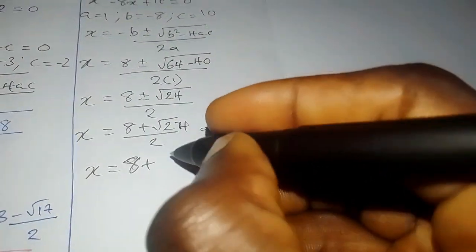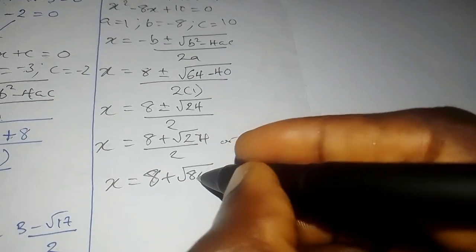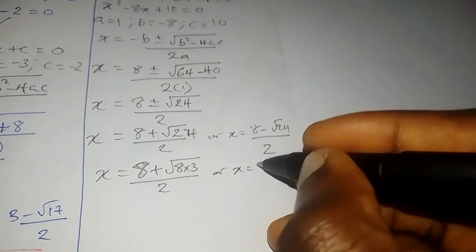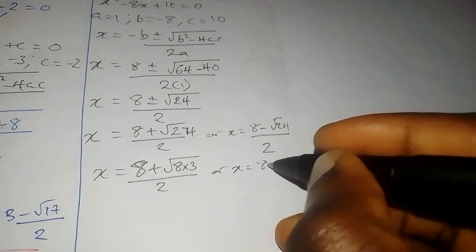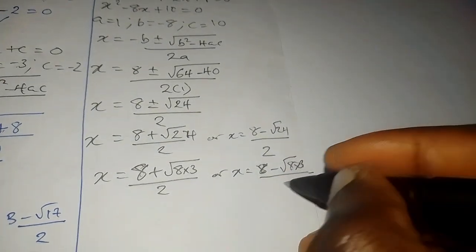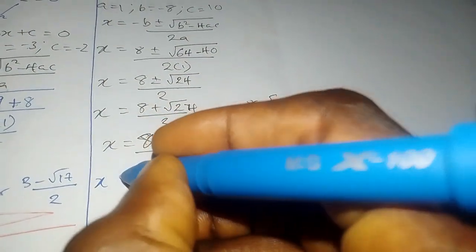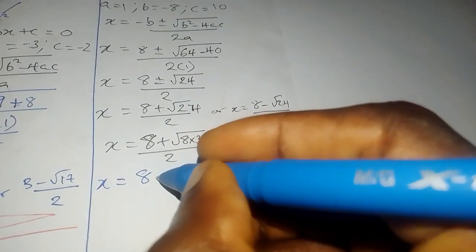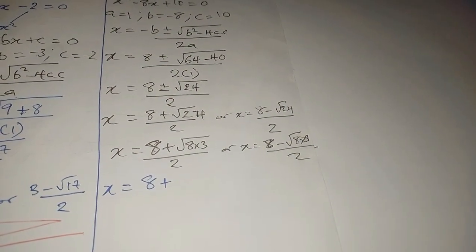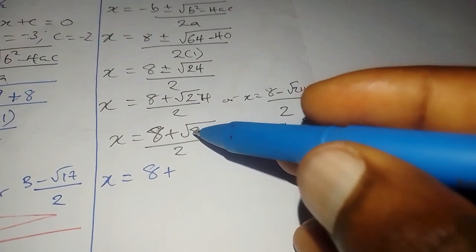Finishing this, you can say x is equal to 8 plus, this 24 can be written as 8 times 3, that's the square root of 8 times 3 divided by 2, or x should be 8 minus the square root of 8 times 3 over 2. So finishing this, I can say x is equal to 8 plus, this 8 here is the same thing as 4 times 2, and the square root of 4 is 2.